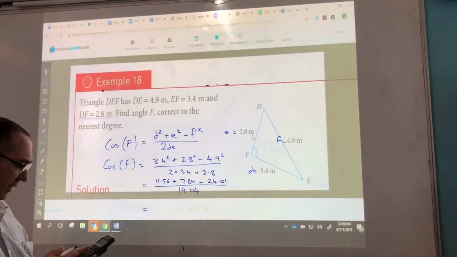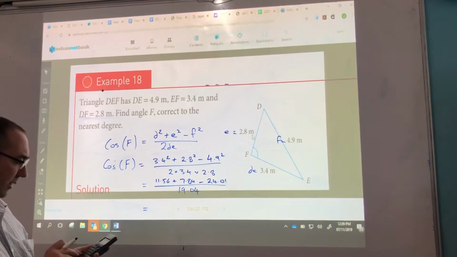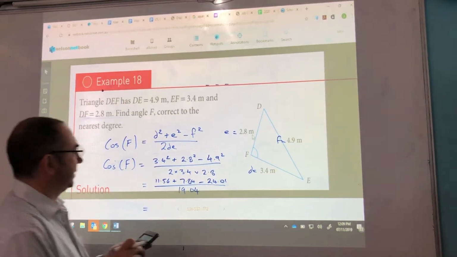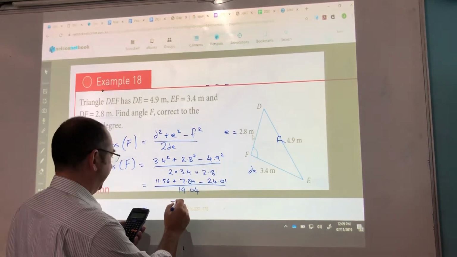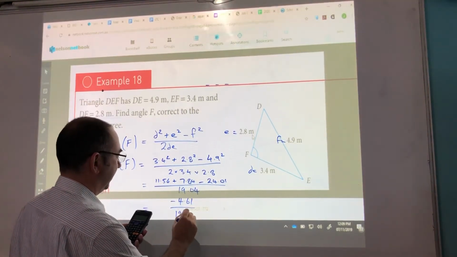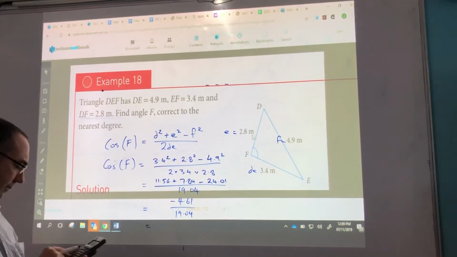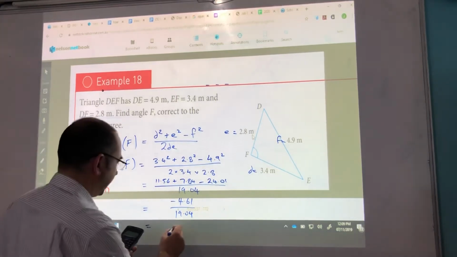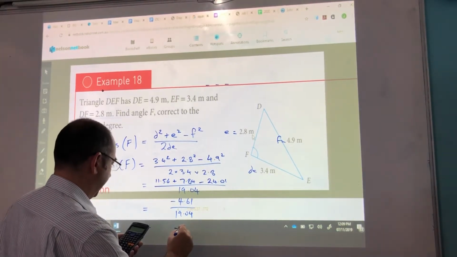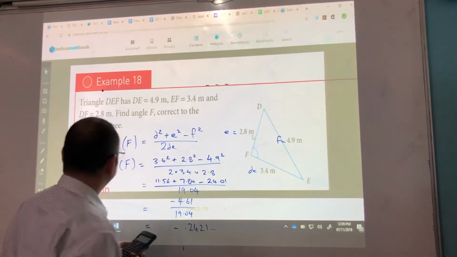So 11.56 plus 7.84 minus 24.01. On the top, I get negative 4.61 over 19.04, which comes out for me as negative 0.2421 and so on.